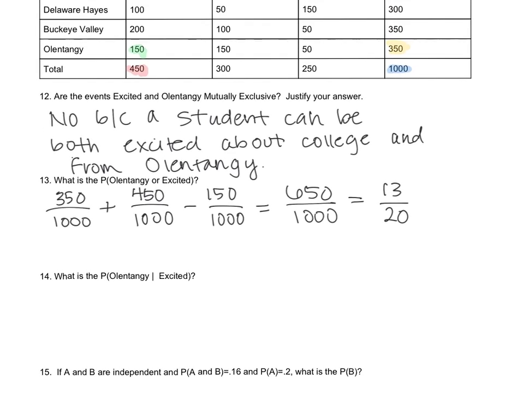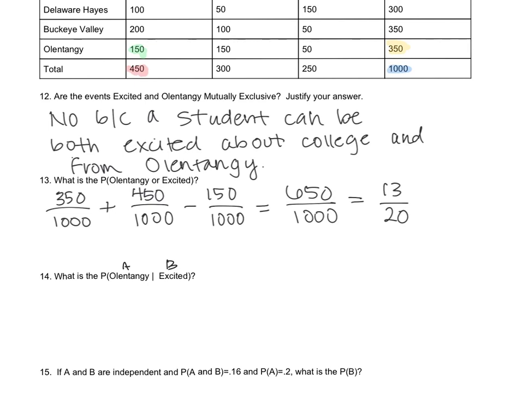Next, we want to find the probability a student is from Olentangy given they're excited about college. So again, if we let Olentangy be A and excited about college be B, we want to find the probability of both. So that's 150 over... we're dealing with a table.